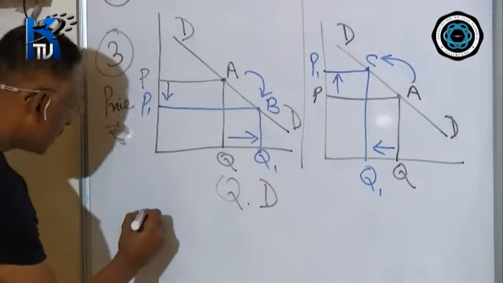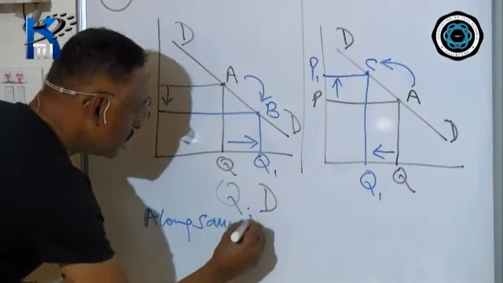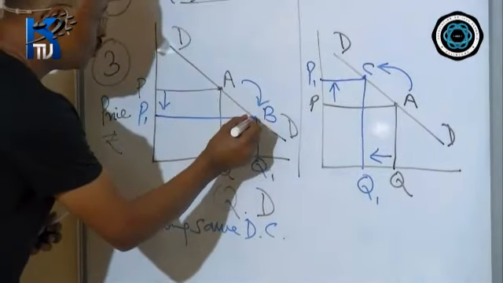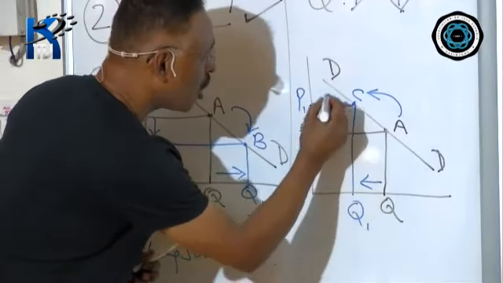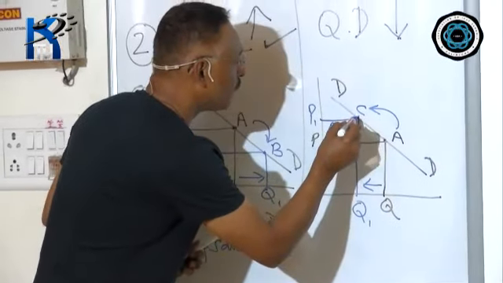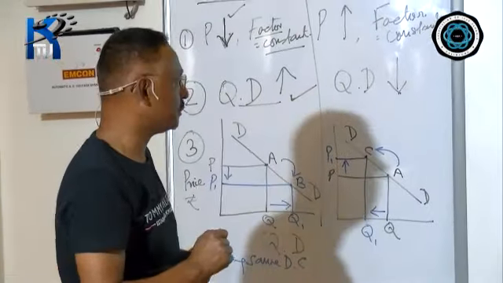Movement along the same demand curve from point A to B. Here what will you write? Movement along the same demand curve from point A to point C. This is movement of the demand curve.